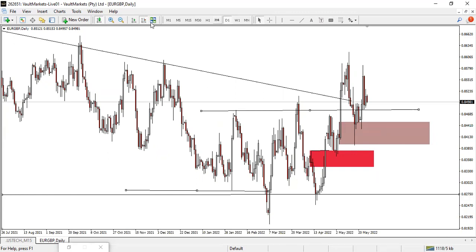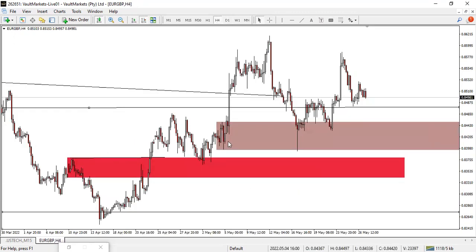Quickly go to a lower time frame, and on a lower time frame you will find the reasons why we have this wick. It is a stop hunt on daily, but on H4 it is definitely not a stop hunt.